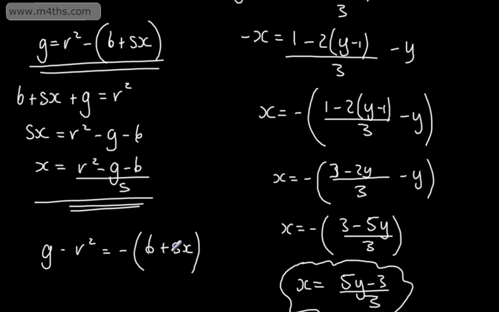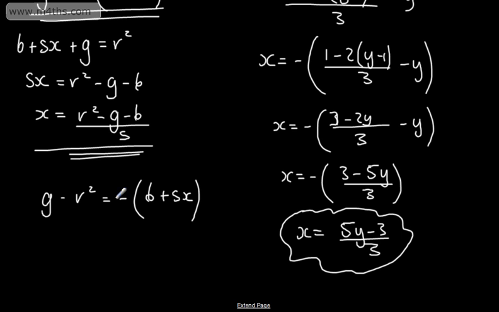I'm going to divide both sides of this by negative 1, which is going to give me r squared minus g is equal to b plus sx.